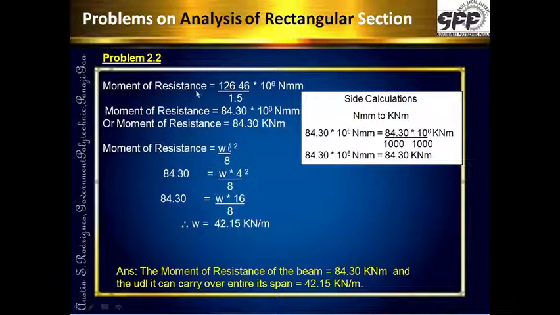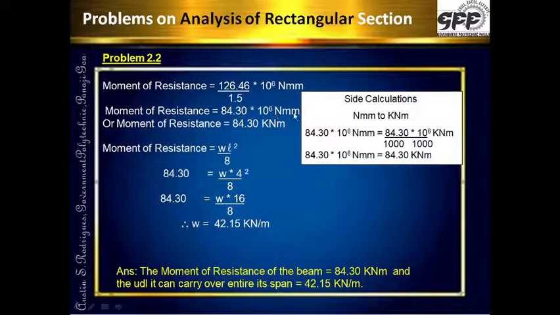So moment of resistance is the ultimate moment divided by 1.5. So 126.46 × 10^6 divided by 1.5 gives me the moment of resistance of the beam as 84.30 × 10^6 Newton mm.